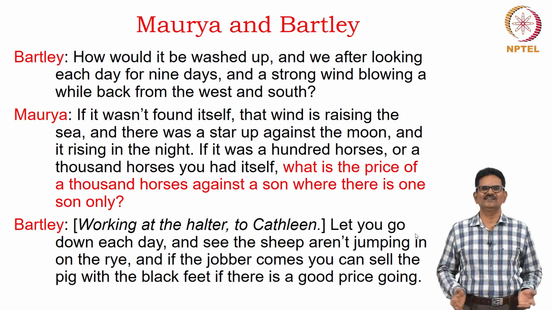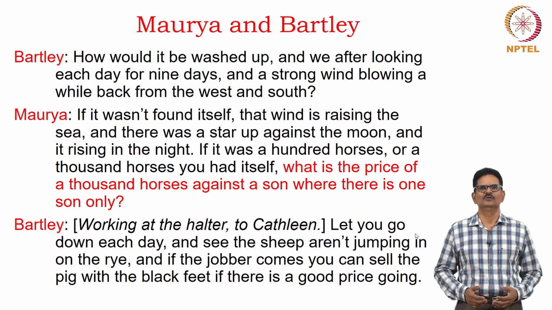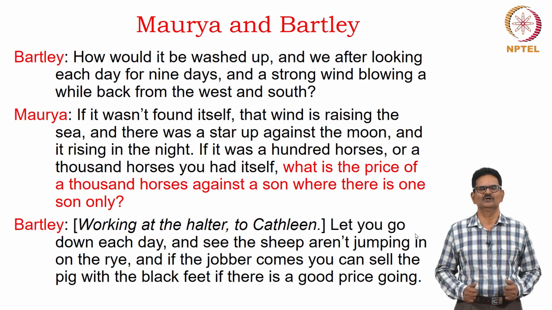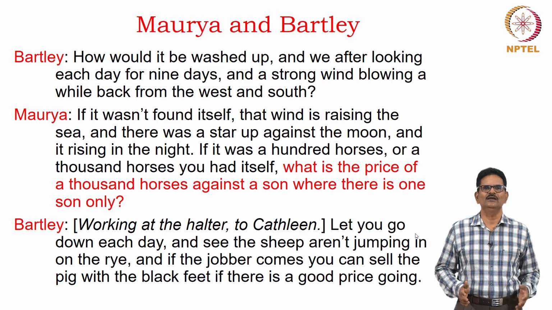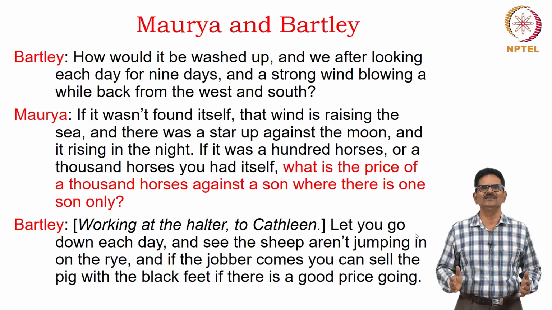We also understand more about Maurya and Bartley now. Bartley says, how would it be washed up, and we after looking each day for 9 days and a strong wind blowing while back from the west and south? Maurya replies, if it wasn't found itself, that wind is raising the sea, and there was a star up against the moon and it rising in the night.